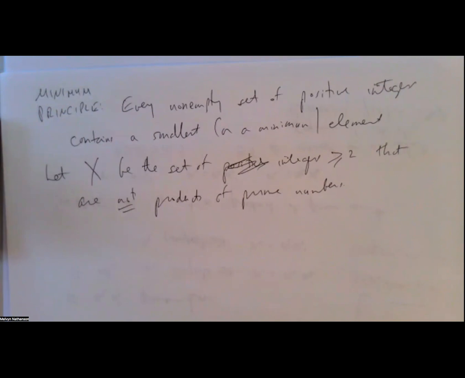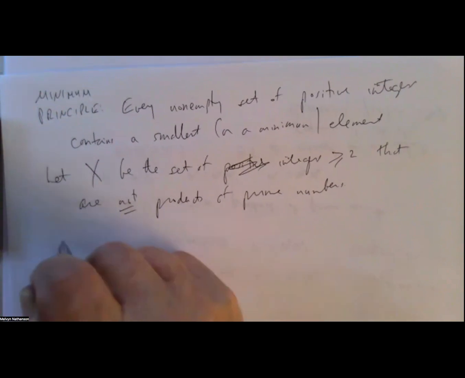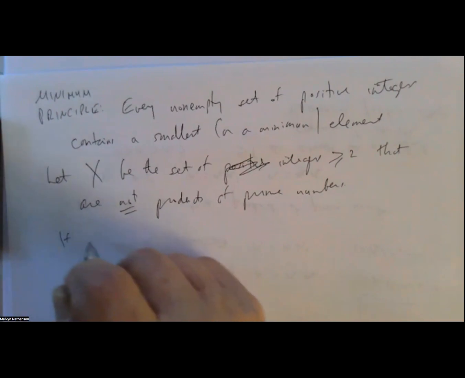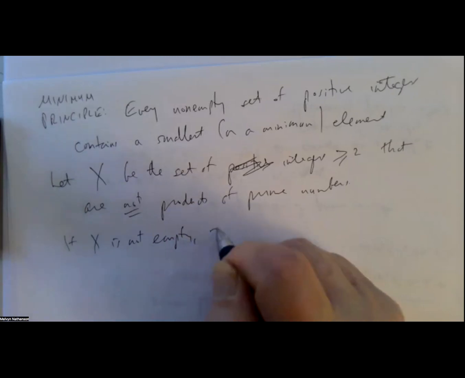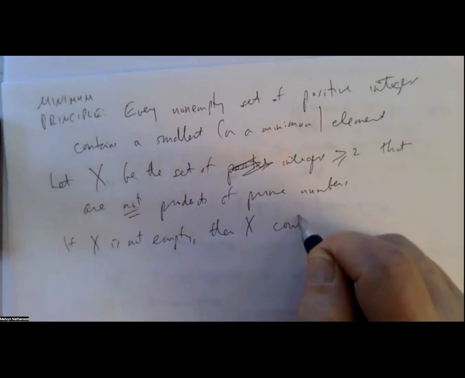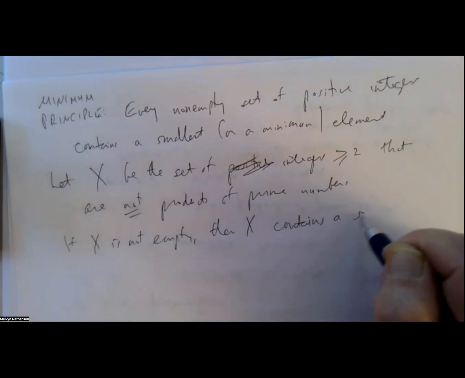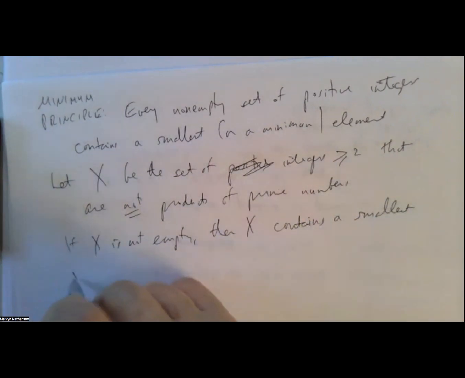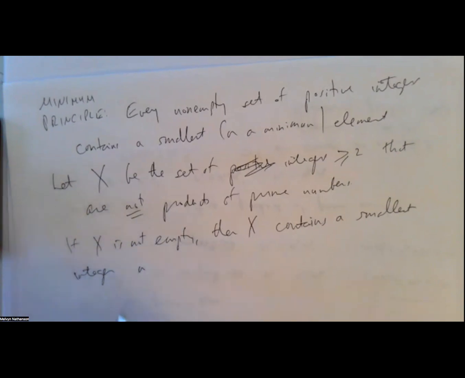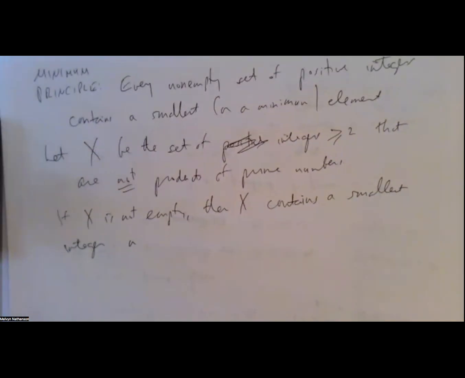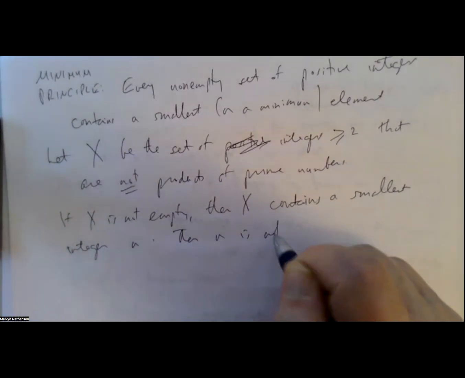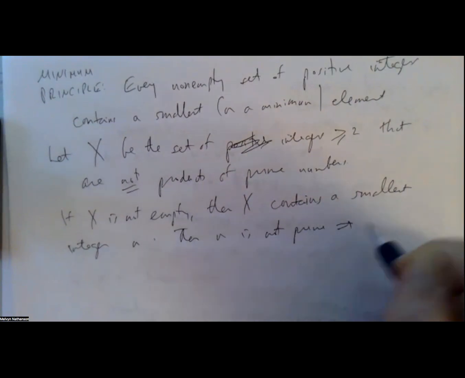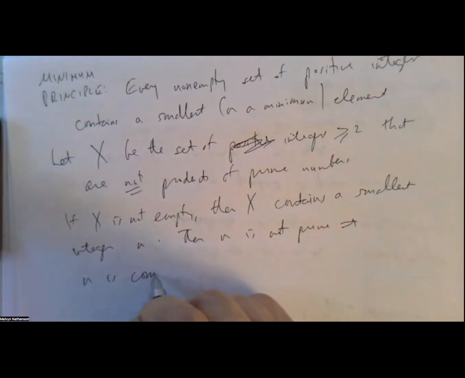Suppose if you look at all the numbers that are not products of primes, that set is not empty. Okay. So if X is not empty, then X contains a smallest element, a smallest integer, n. So n is the smallest number that is not a product of primes. And certainly n is not prime. So n is composite.